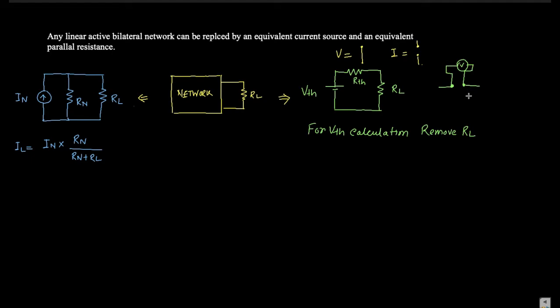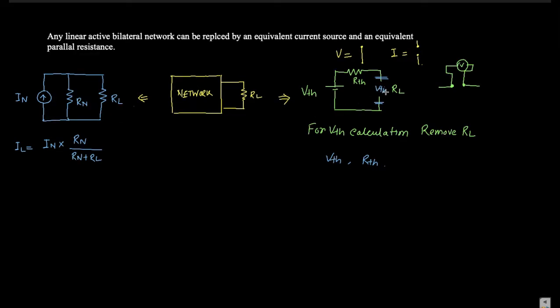So for Thevenin's, we have to determine the VTH and RTH, and to determine the VTH we should open the load resistance. We first open the load resistance, and accordingly we can find the VTH.